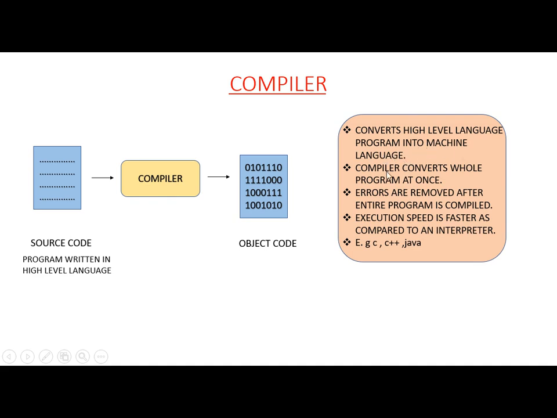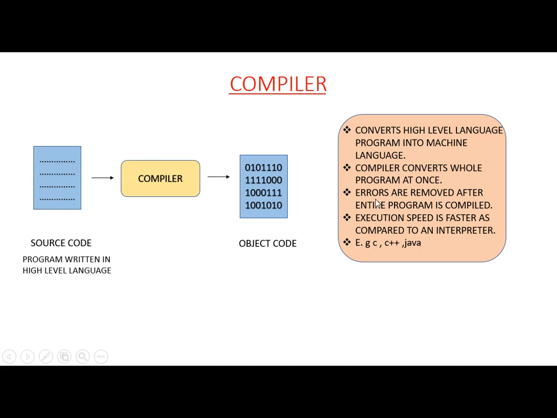This is the same. The major difference is that the compiler converts the whole program at once. Interpreter converts line by line, but the compiler will convert into machine code all at once, meaning all these 4 lines will be converted together.